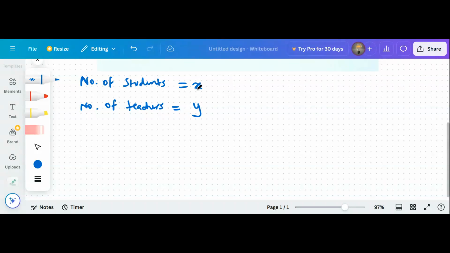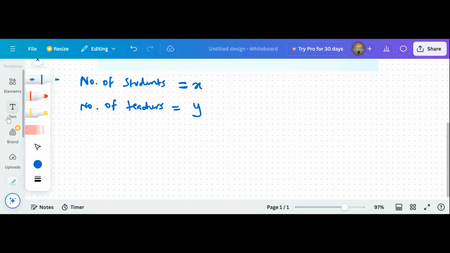So the number of students is x, the number of teachers is y. First you have to understand what we are going to find. We are going to find the number of students and the number of teachers, so we assign a variable for each. Assign means we put a variable for it. Number of students is equal to x, number of teachers is equal to y.